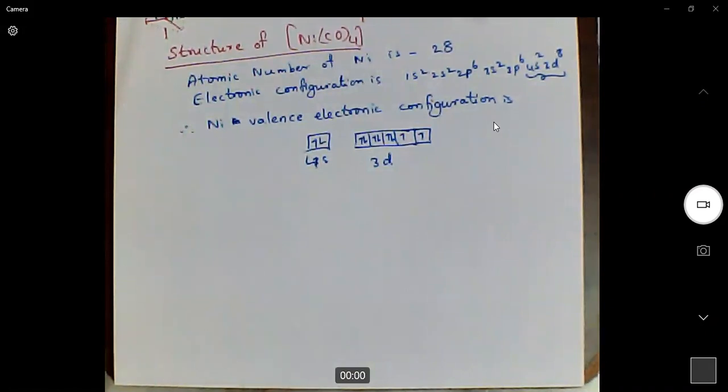Carbon monoxide will give 2 electrons to nickel metal, and it is involved in bonding with nickel. So 4 carbon monoxide molecules require 4 empty orbitals, because they are giving 2 electrons each.